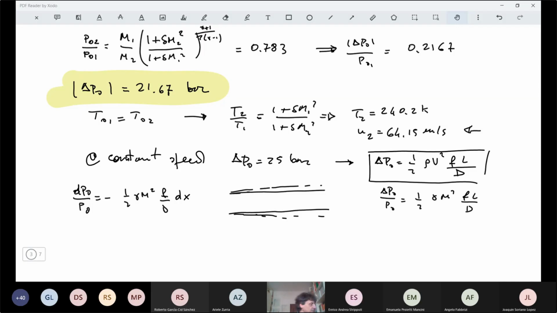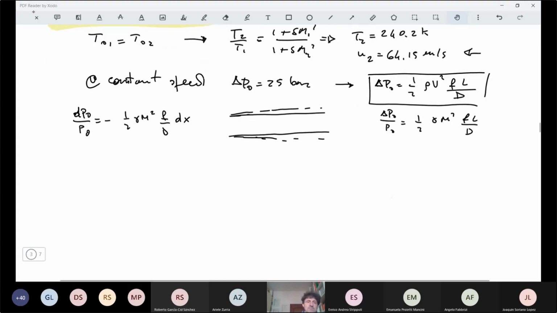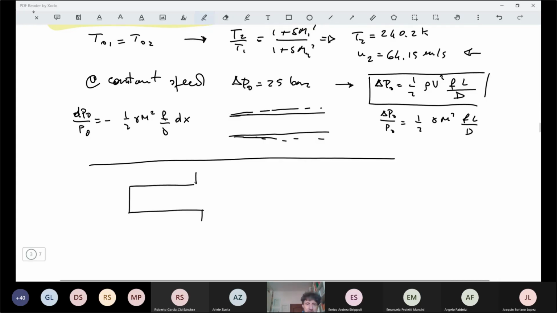So we still have a little time for another exercise. I would like to consider now mass addition, or better, let's consider this case.